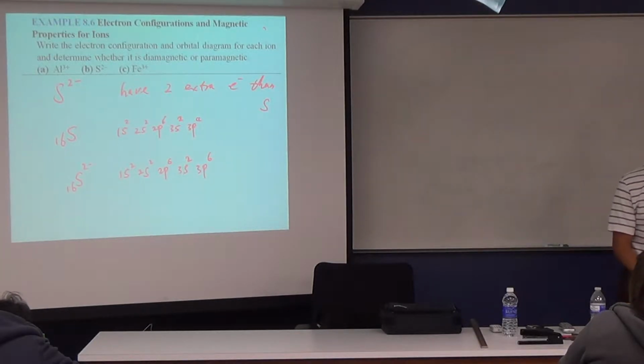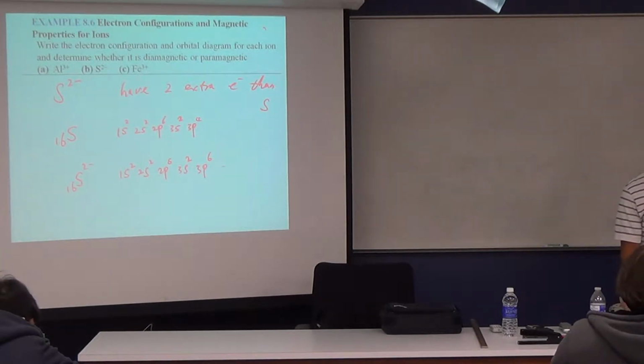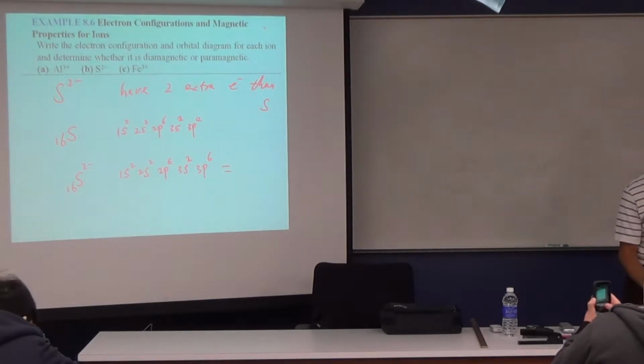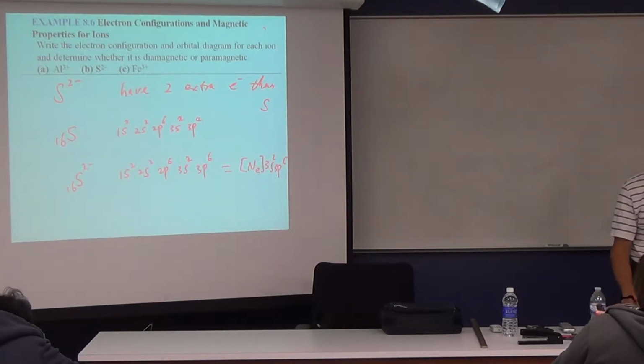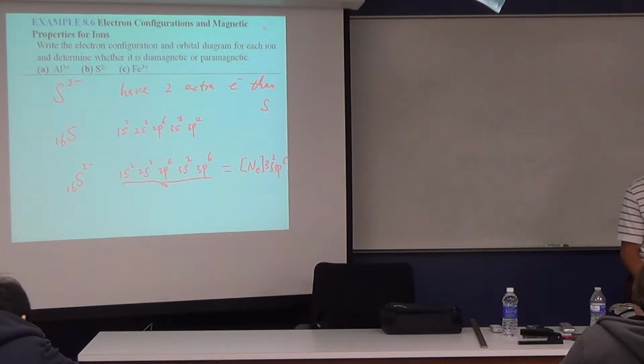You can write it like this, but there are many different ways to write it. You can say it is the same as neon, plus 3s2 and 3p6. Or, since altogether this becomes argon, you can simply write argon.